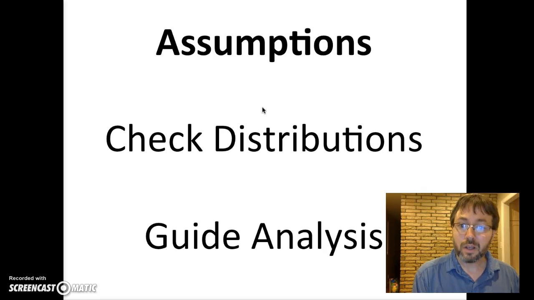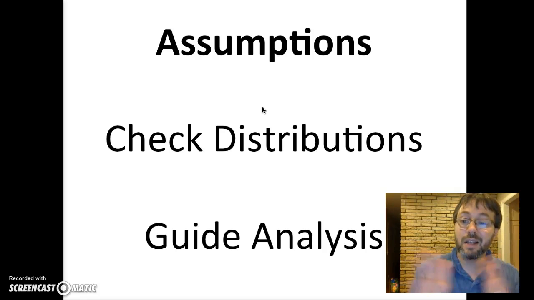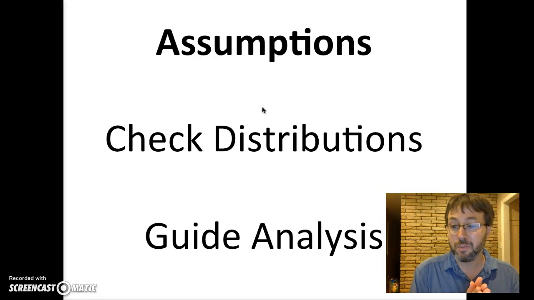But the second point that is crucial to realize is that the assumptions of the statistics are the guide for our analysis. And just like Pearson's correlation coefficient assumes there's a linear relationship between the variables, and Spearman's does not assume any relationship between the variables, that assumption impacts the interpretation of the statistic.